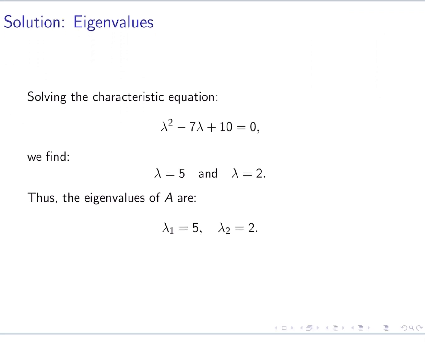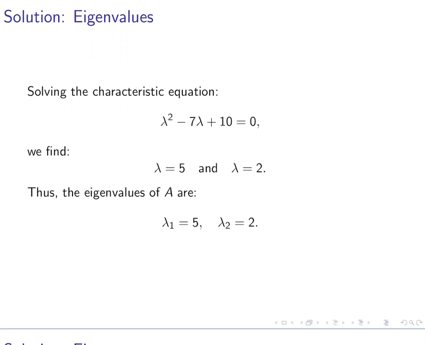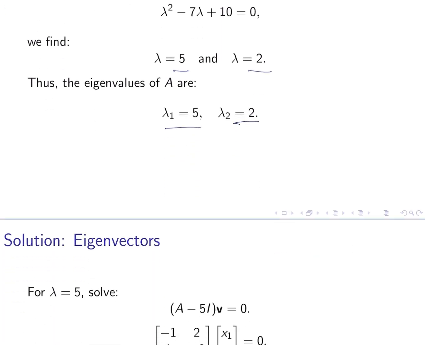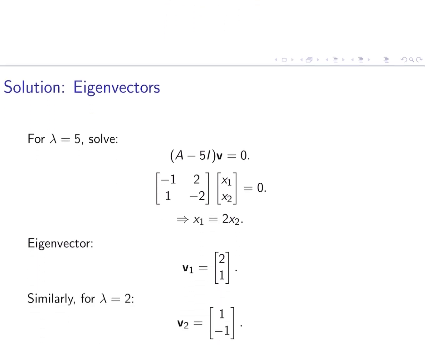Okay, so now solving the characteristic equation, we got lambda equal to 5, lambda equal to 2. So lambda 1 I declare 5, lambda 2 I declare 2. So now solve for lambda equal to 5. You have to plug in lambda equal to 5, A minus 5I times v equal to 0. And then when you solve this system, you need to reduce it into RREF.